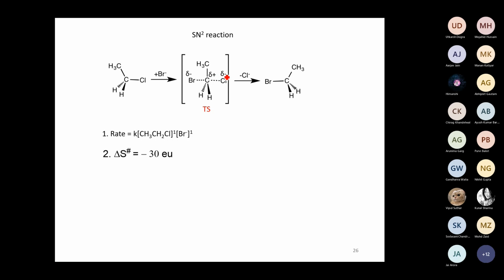But we can disprove the SN1 type reaction based on the rate law, because if it is SN1, then bromine will be 0 order. So it supports SN2. You cannot tell with confirmation, but it is disproving that this is SN1. This value and also the sign is disproving that it is SN1. It is actually supporting SN2.